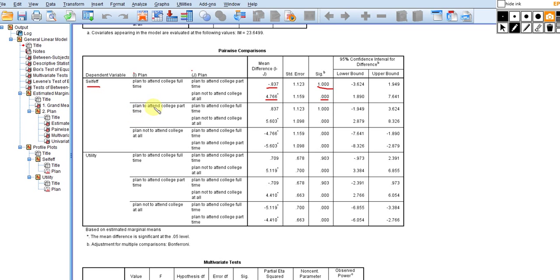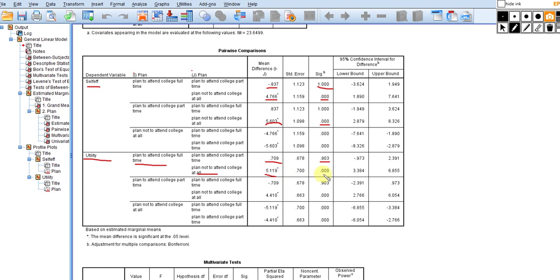When we look at perceived utility, we can see once again no significant difference between the two plan to attend college groups. But you do see significant differences in the comparison between plan to attend college full-time and plan not to attend, favoring the full-time group. And when we compare the plan to attend part-time versus the plan not to attend, you also see a significant difference favoring the part-time group.